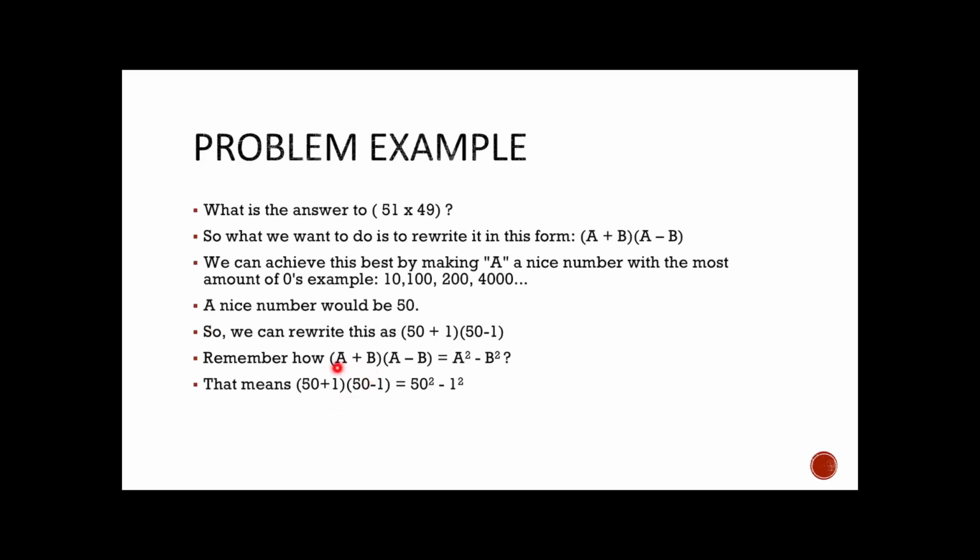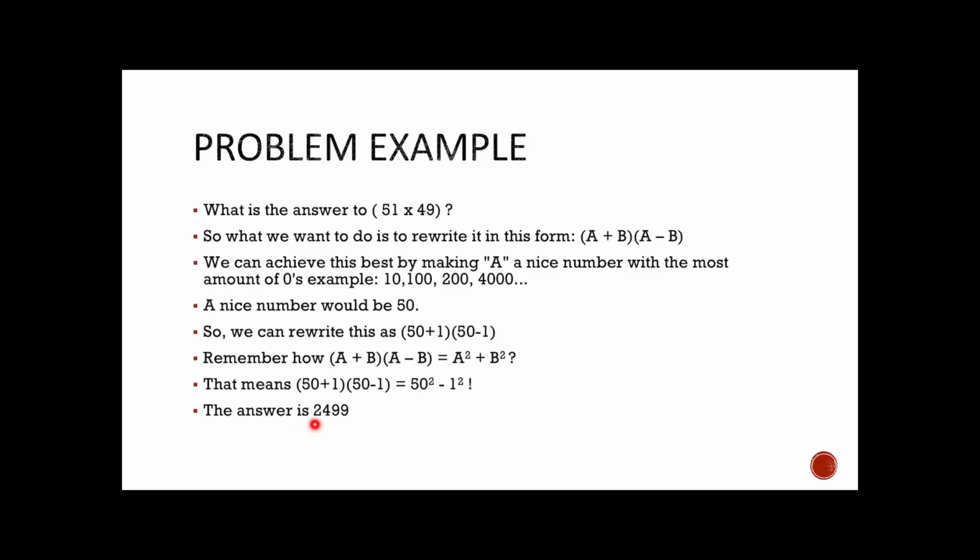So remember how a plus b times a minus b is equal to a squared minus b squared? That means that 50 plus 1 times 50 minus 1 is equal to 50 squared minus 1 squared. That's amazing, isn't it? So you can easily just solve it. 50 squared is 2,500. You can put that in your calculator. Minus 1 squared is 1.